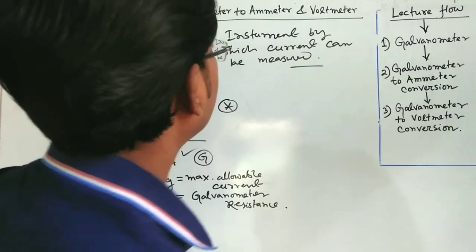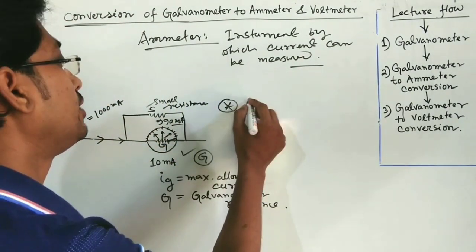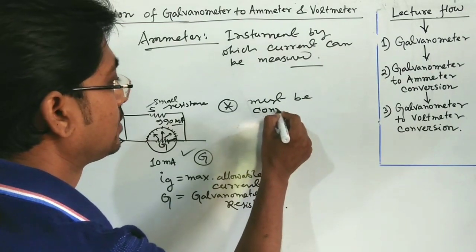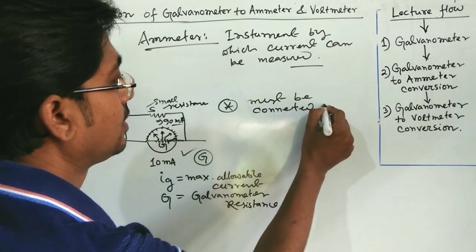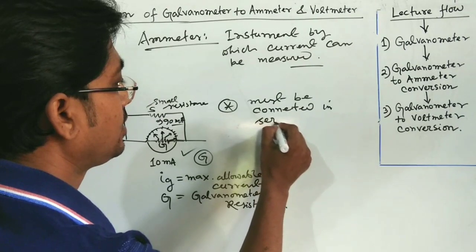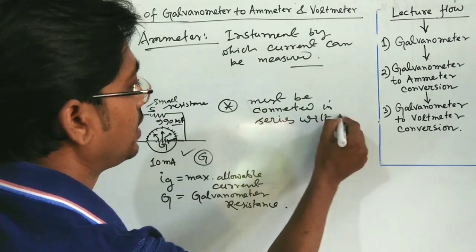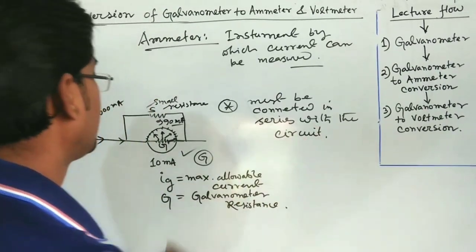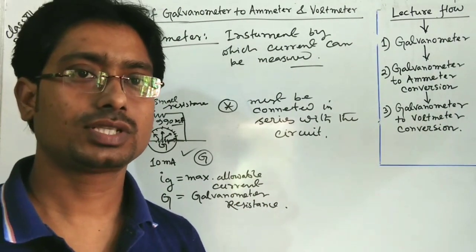The ammeter must be connected in series with the circuit. Why is the ammeter connected in series with the circuit?